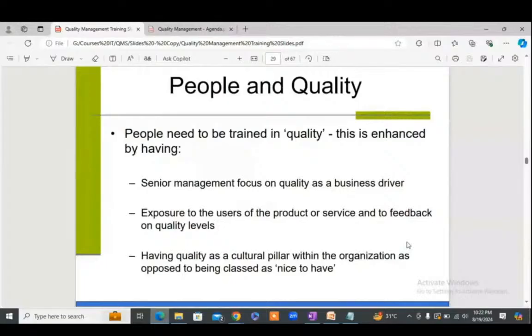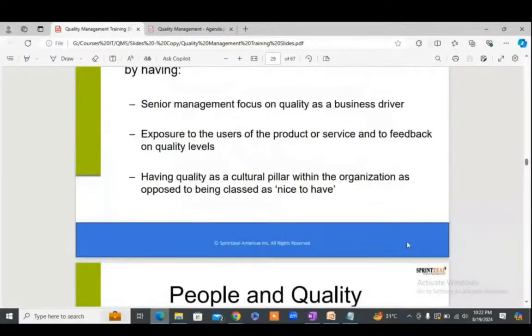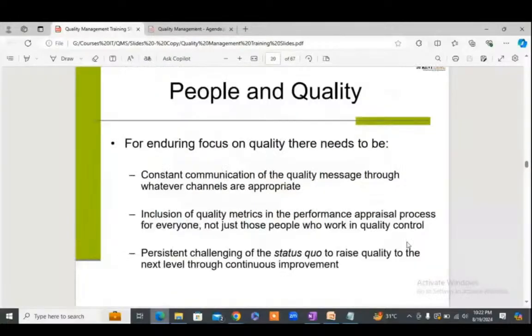Okay. Economical impacts. Here you can discuss cost management and return on investment. Return on investment means ROI, right? Cost management: investing in quality management practices can lead to cost savings by reducing defects, rework, and returns, improving overall cost efficiency.